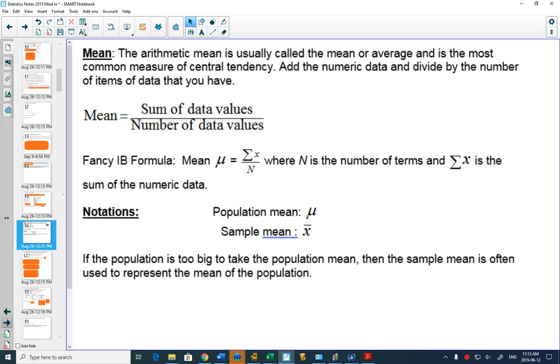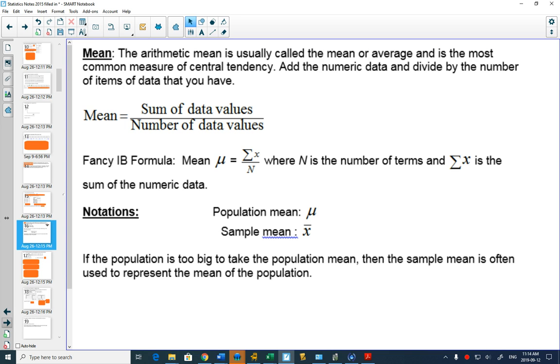So if you had 3 tests and you got 60 on all 3 tests, what's your average? 60. Of course, probably didn't have to do much math for that one. But you could have done 60 plus 60 plus 60, 3 tests, 180, divide by how many you had, which was 3, to get your average to be 60.